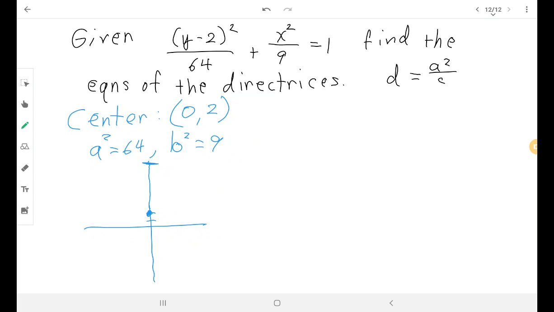So the vertex up here, well, let me put the vertex here, and then we'll call this the directrix line. Call that vertex 1. This is the center. The vertex is 8 away, so that's actually at 10, right?